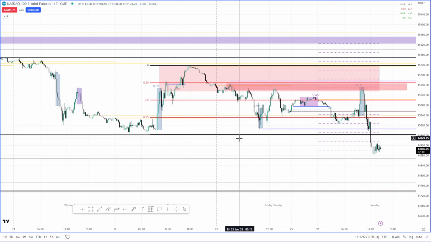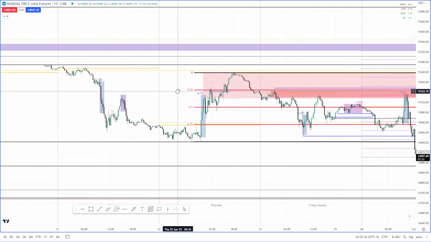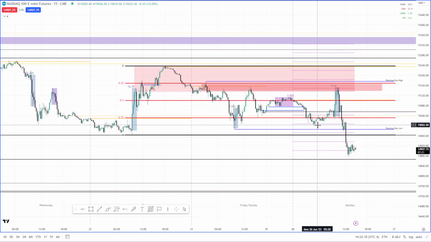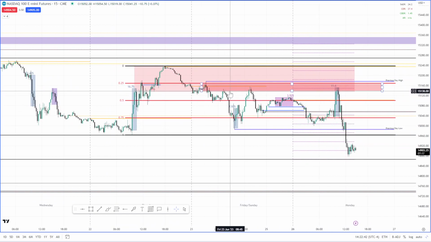So for me, I like order blocks. To me, they're easy to identify. As long as I see price really run away, then it's an order block. It's easy to identify, and you can take them in a variety of different ways.